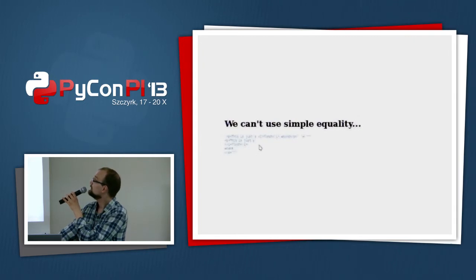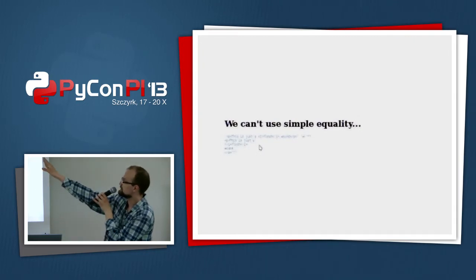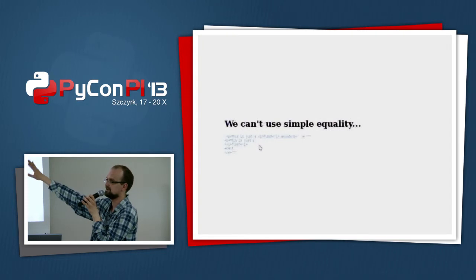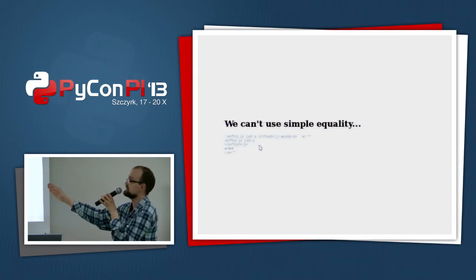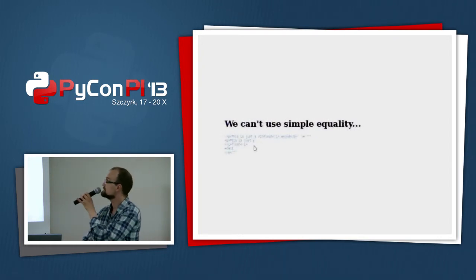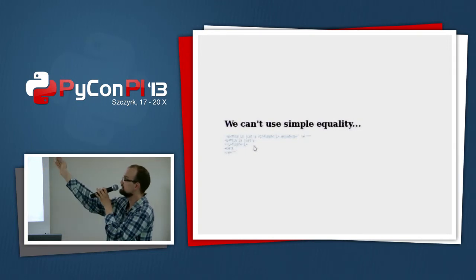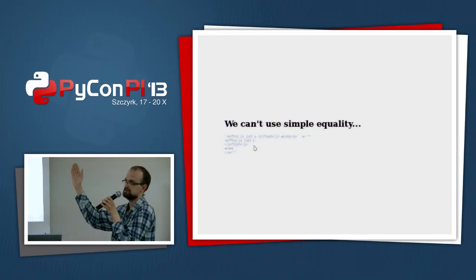For a long time, I believed... the first thing, we of course can't compare HTML as strings, because this isn't equal to this as a string, but of course these two HTMLs are equivalent.